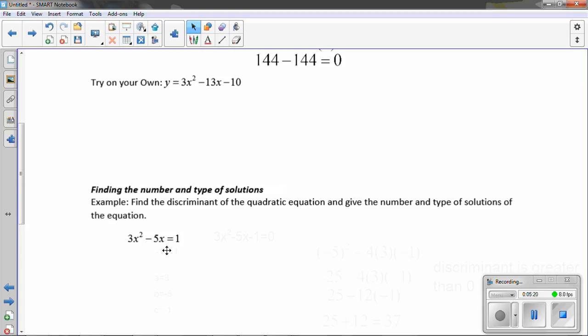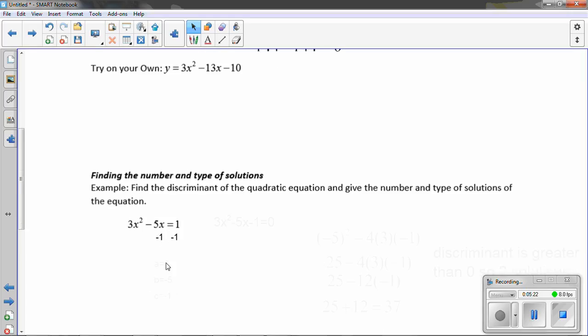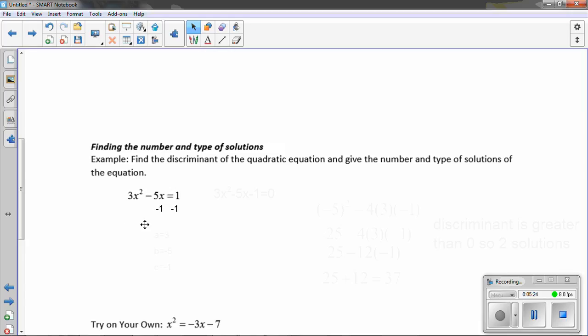So basically I'm trying to get it in standard form first, so subtract 1 from both sides. And then I figure out what A, B, and C are. Here's what it looks like in standard form. So A is 3, B is -5, and C is -1. I'm going to go ahead and throw that in the formula, and then go ahead and simplify.